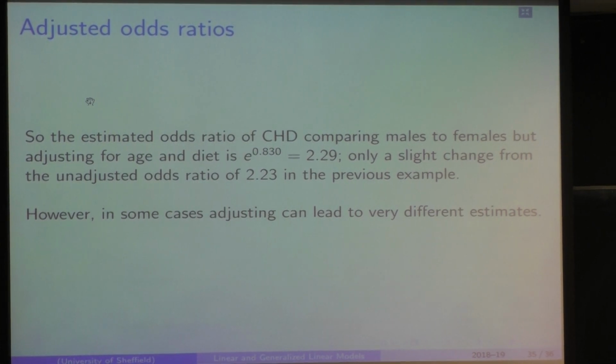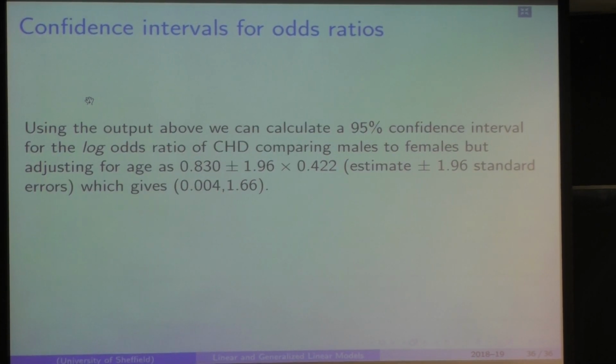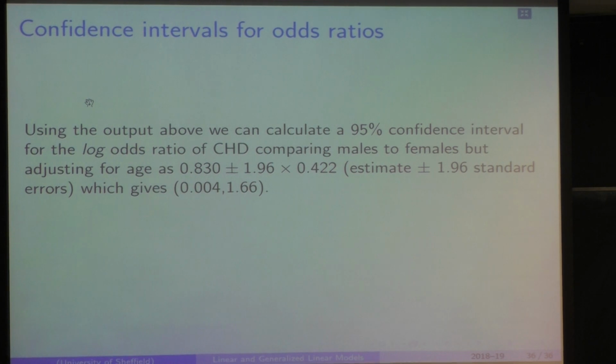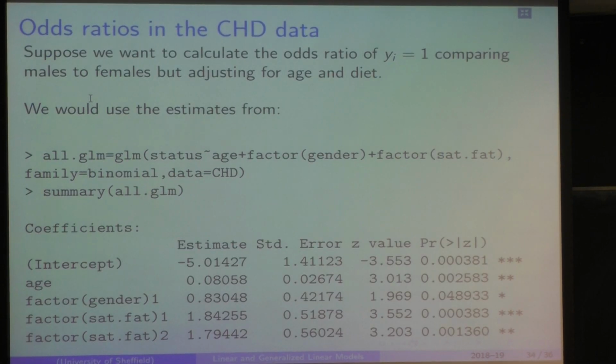Okay, finally for chapter 4, we can also do confidence intervals for odds ratios. If we're trying to work out a confidence interval for an odds ratio, then we can note that for the log odds ratio, we can just use the estimates in the R output, and remember that those estimates had a standard error.